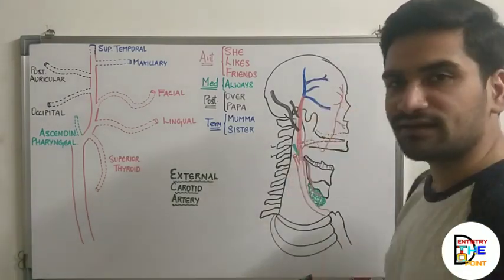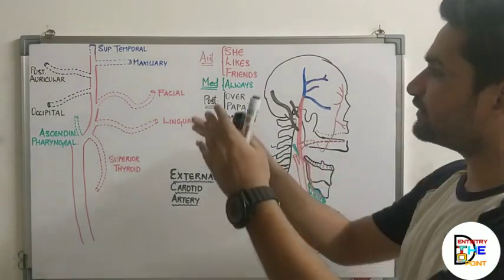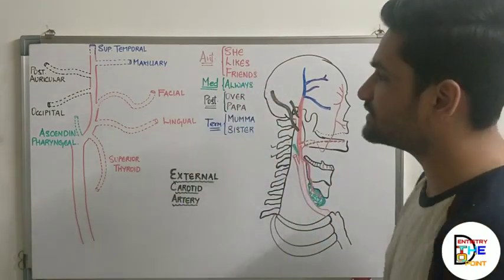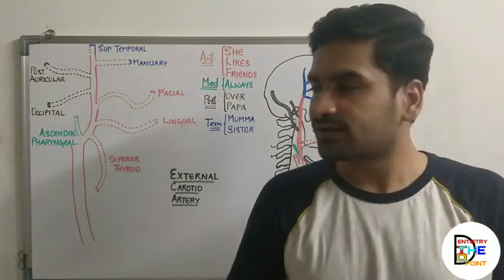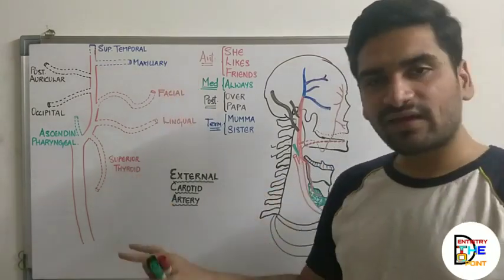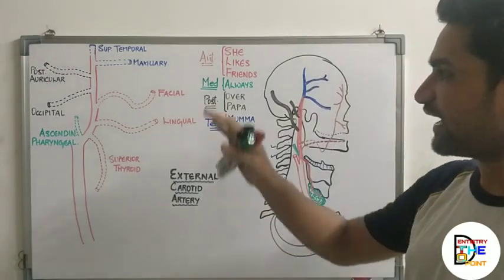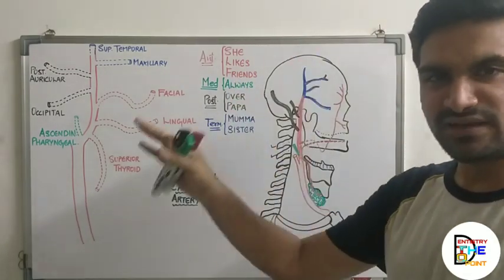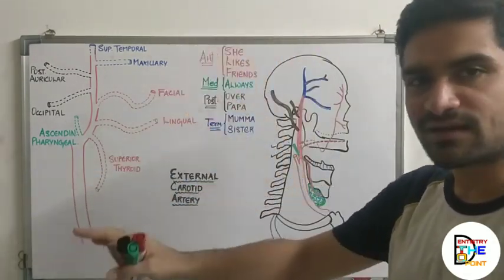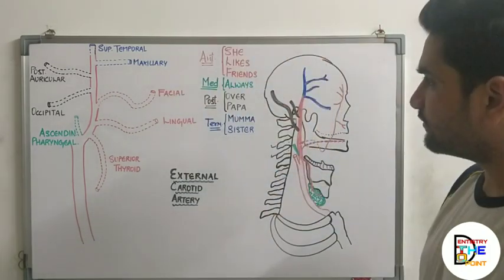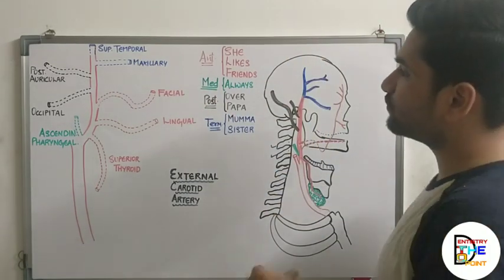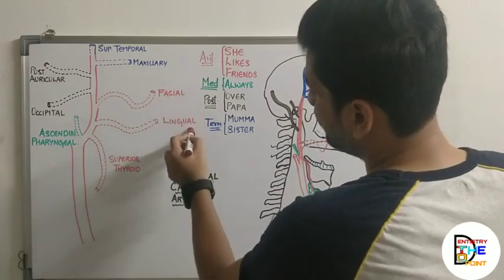After being given off, it will give 8 different branches. The branches of the external carotid artery will be divided into 4 sections, that is the anterior branch, the medial branch, the posterior branch, and lastly the terminal branch, right? So the red ones over here are the anterior branches.